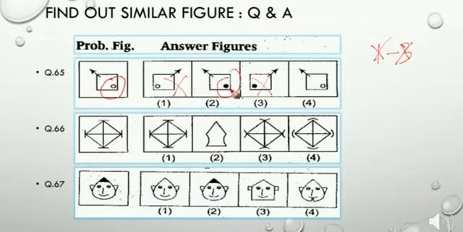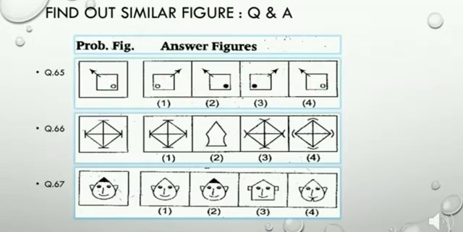No, it is not there, because here it is dark circle. In problem figure it is a circle without any color. So option 2 is ruled out. Only option remaining is option 4. That is going to be the correct answer.